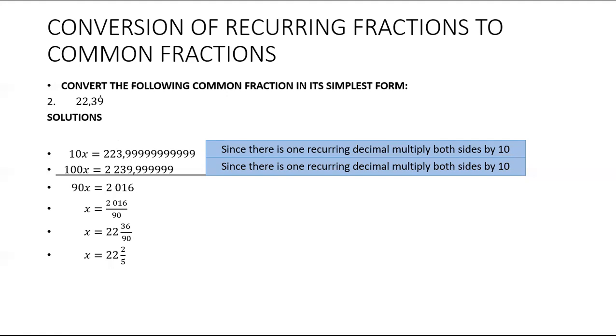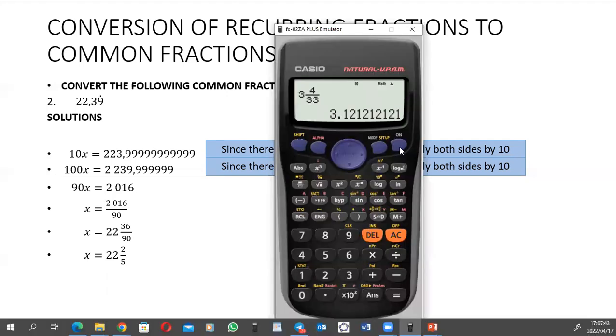Okay, let's see if that is true. Remember, if I punch that into my calculator, it should give me 22,3999999 because only 9 is recurring. Please note that that dot is only on top of the 9. It is not on top of the 3, meaning that the 3 is not recurring, as I have explained. All right.